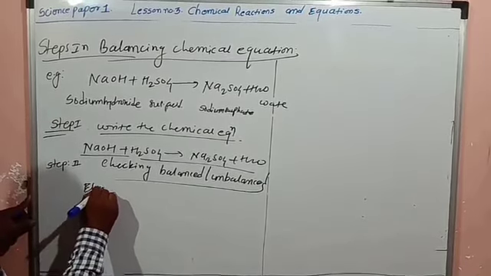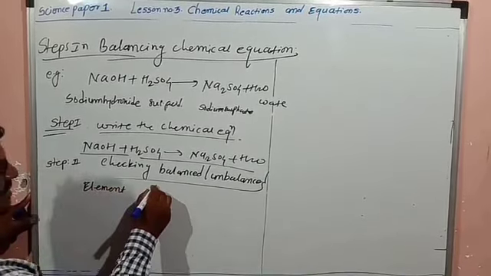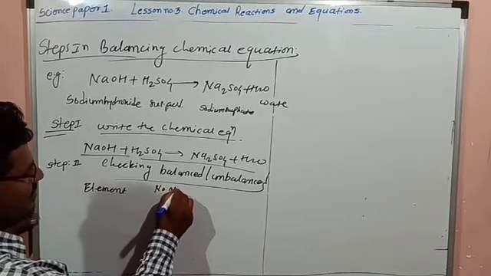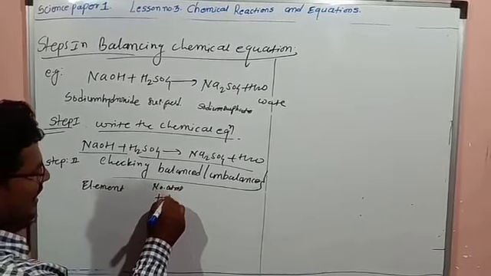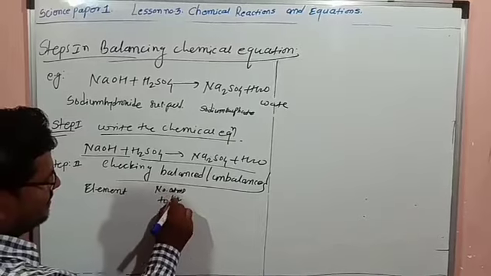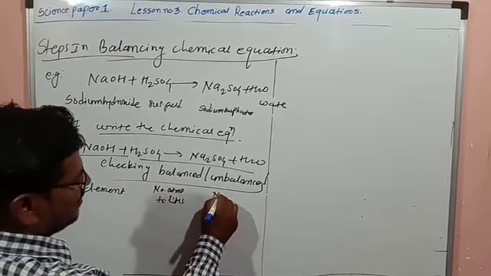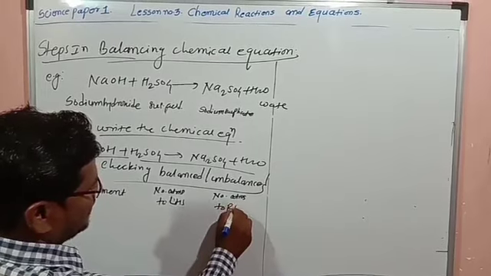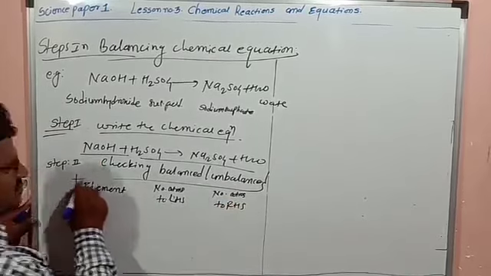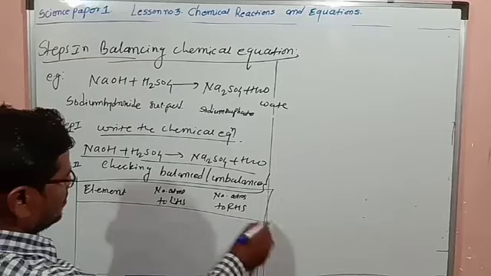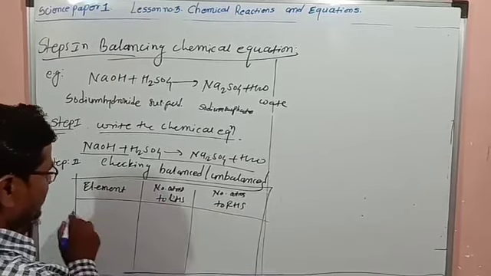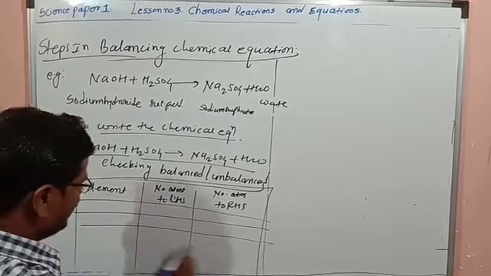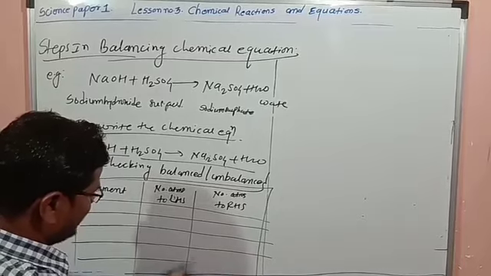In that, the first column is the element, the second column is the number of atoms on the LHS, and here the number of atoms on the RHS. Then if you make a table this way, you have to check.